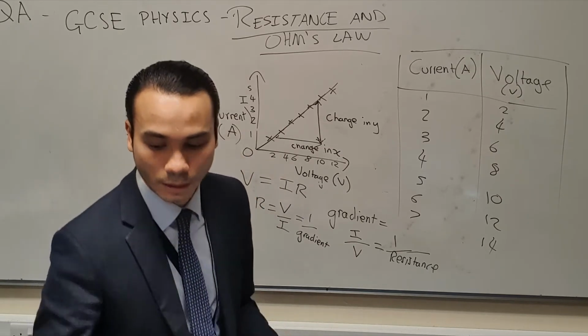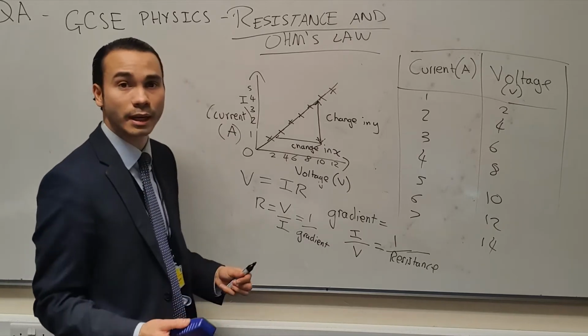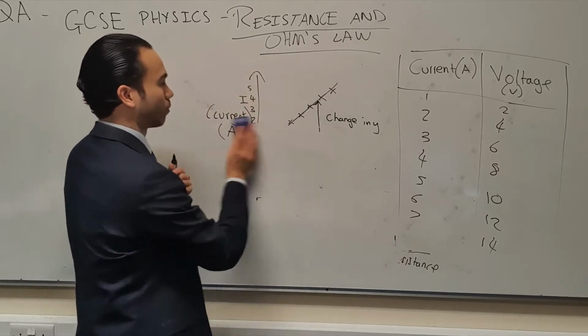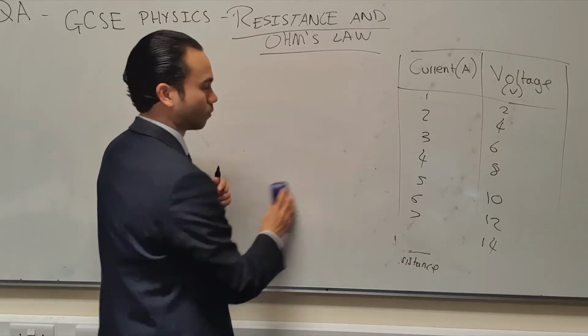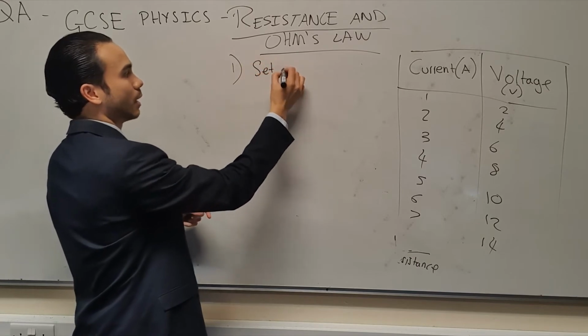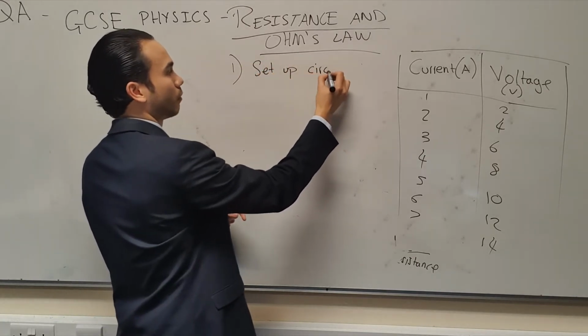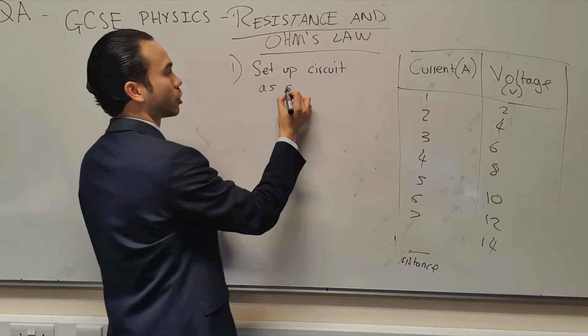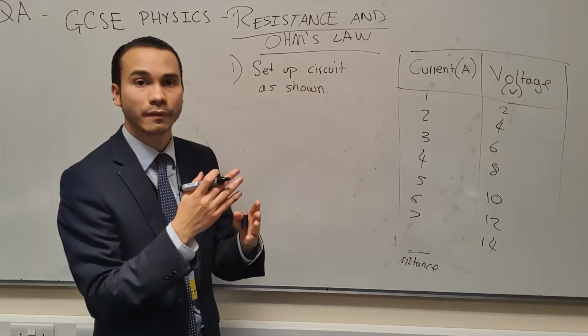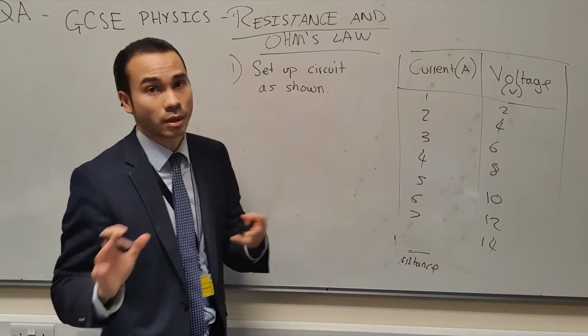I'm going to briefly do a couple of bullet points for the method now, okay? So, I would say, first point, set up circuit as shown. Okay, I won't redraw the circuit, but if you rewind the video, that original circuit is perfectly fine.